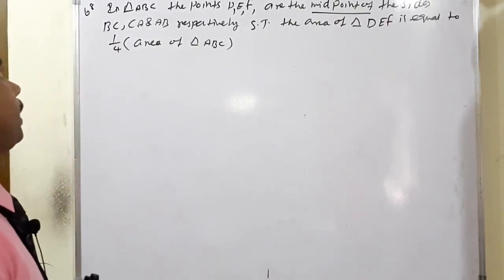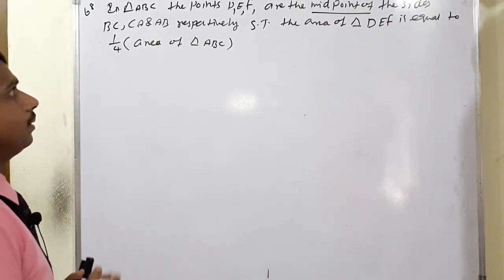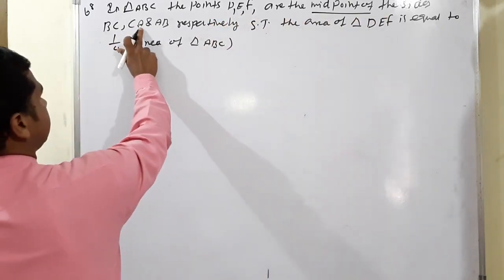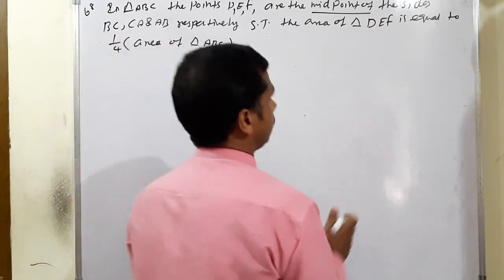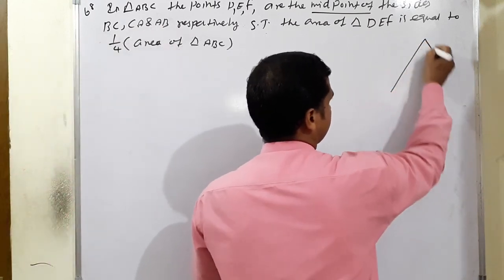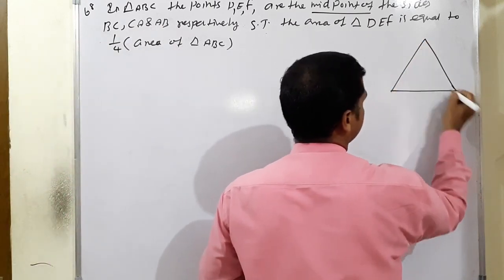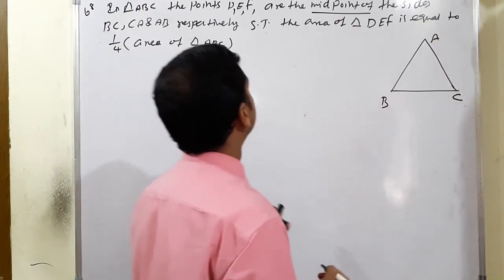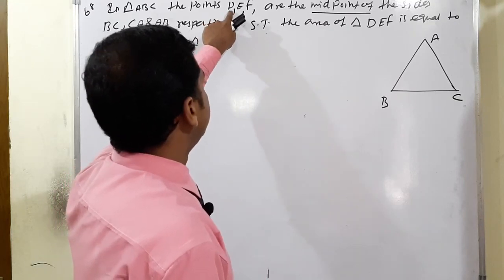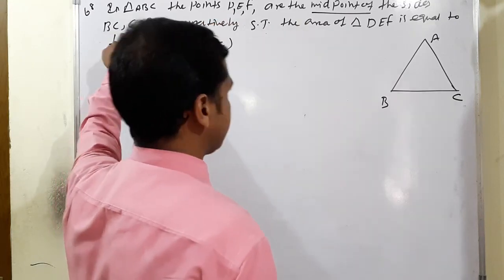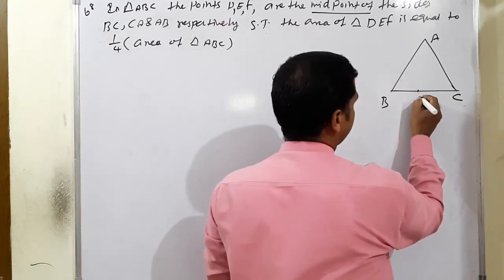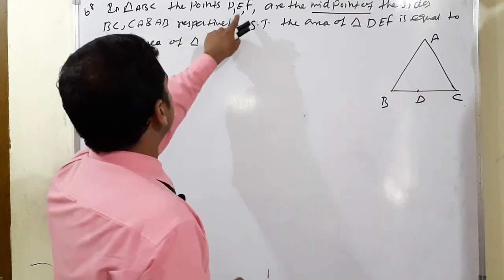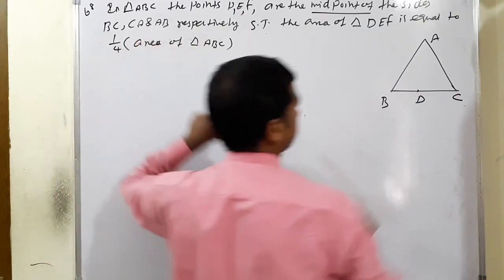Example 6.8. Question: in triangle ABC, the points D, E, F are the midpoints of the sides BC, CA and AB. Look at there. Consider one triangle A, B and C. D is the midpoint of BC. Second one, E is the midpoint of CA.